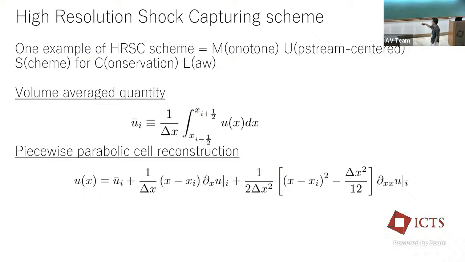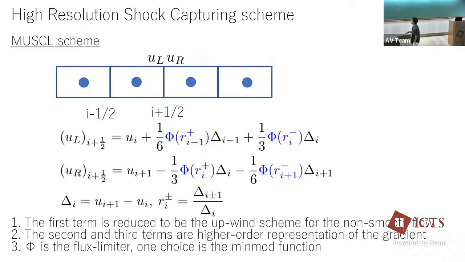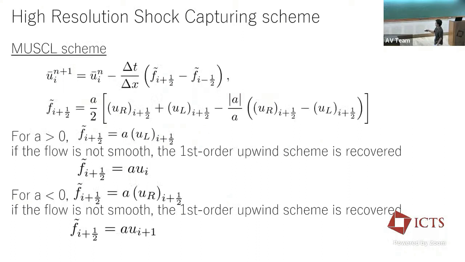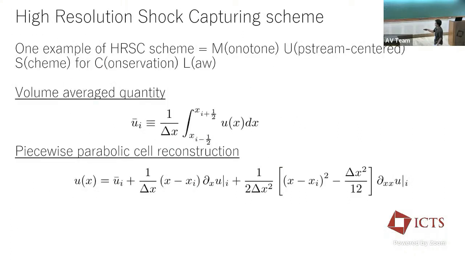Then you can get this expression. Delta_x u and the second derivative of u are evaluated somehow. Here is the schematic picture for the cell i, with i minus 1 over 2 and i plus 1 over 2.